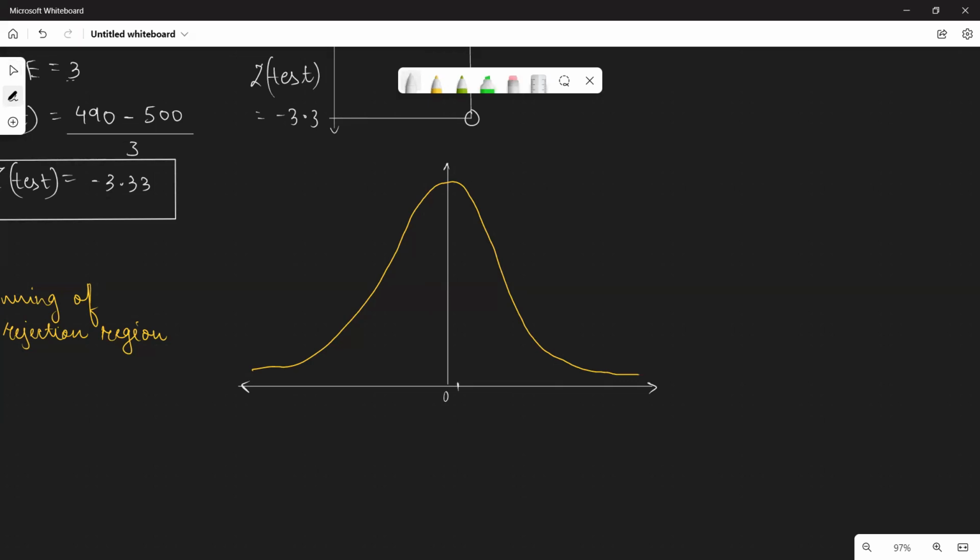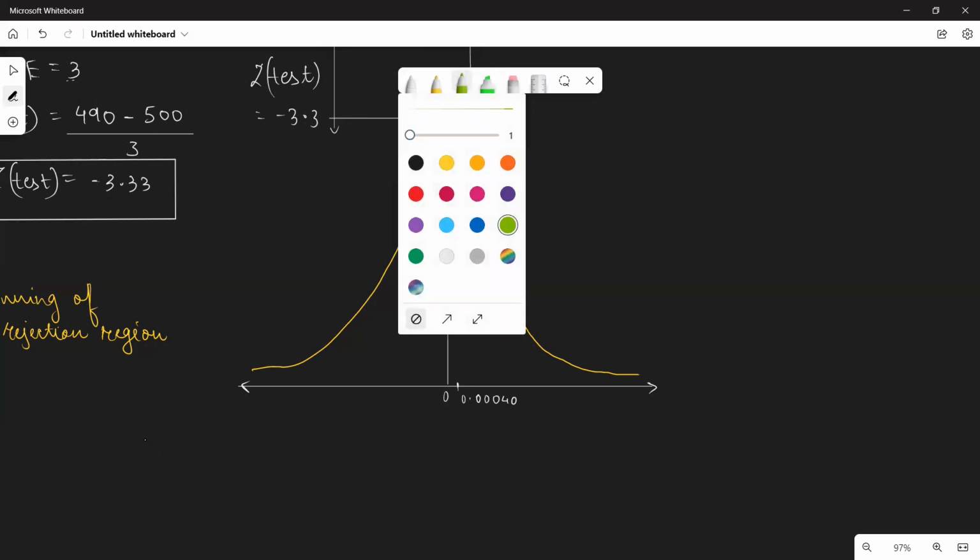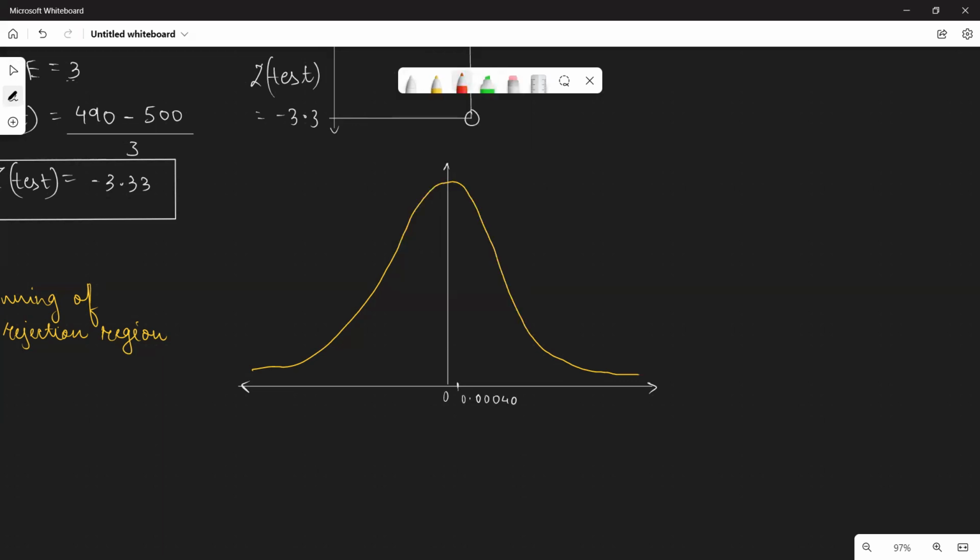Let's say this is 0. So this is 0.00040, right? From here onwards, let me use a different color, from 0.00040, your rejection region starts. That means this entire part of your graph is under the rejection region.